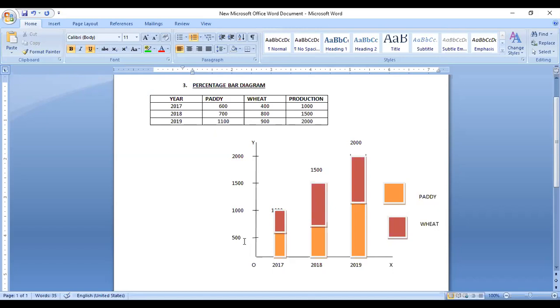Okay, so in percentages, all bars will be equal to 100. First of all, I am changing it. All are equal to 100.